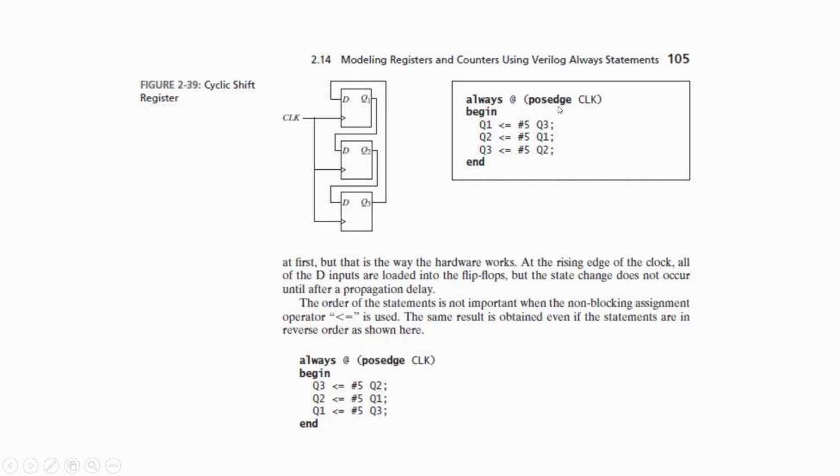We can read it from right to left for simpler understanding: at positive edge clock, always repeat these statements from begin to end. It's like brackets in C. So execute these statements from begin to end always when the clock is at positive edge.